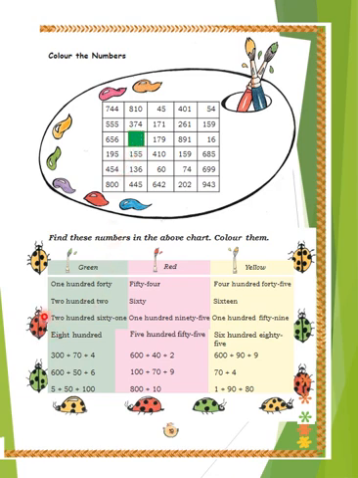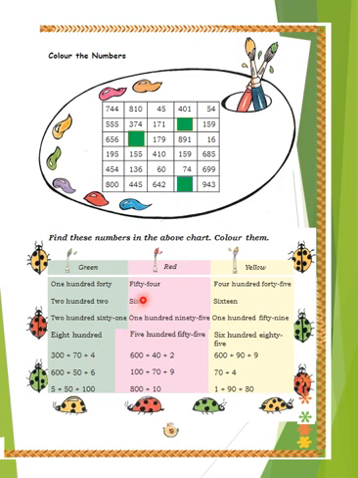Second is 202. Search the number 202 in the chart and color it with green color. Next number is 261. Search the number in the chart and color it with green color. Similarly, color the numbers given below from column green.